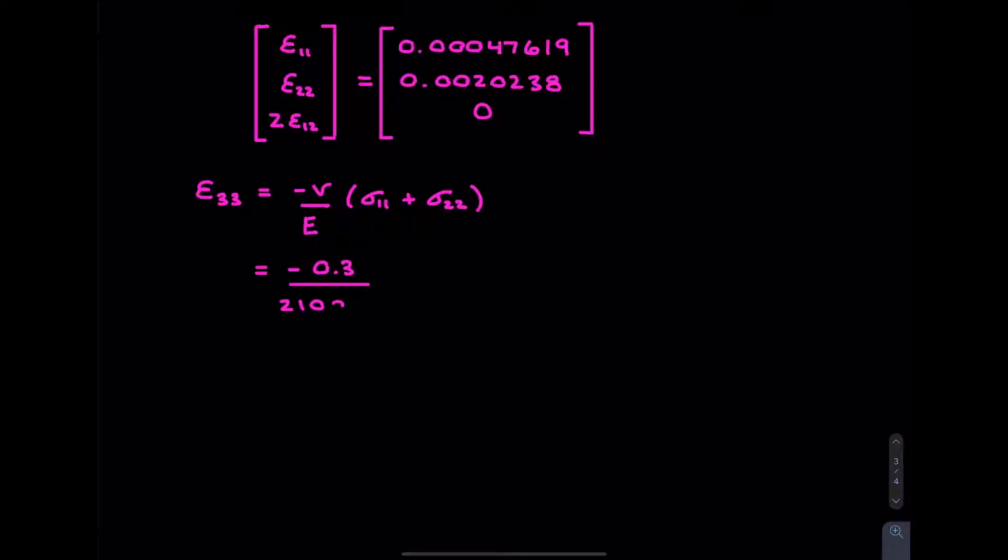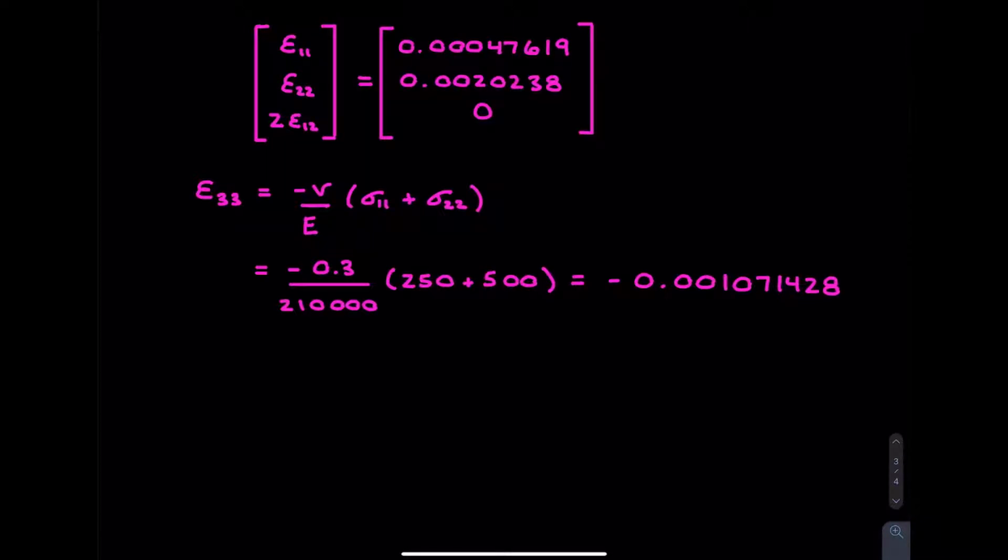And then sigma 11, well, that was 250. And then sigma 22, we know that is simply 500. So we multiply all those together. What we get is that the strain is equal to negative 0.00107142857. So that now I have my epsilon 33.